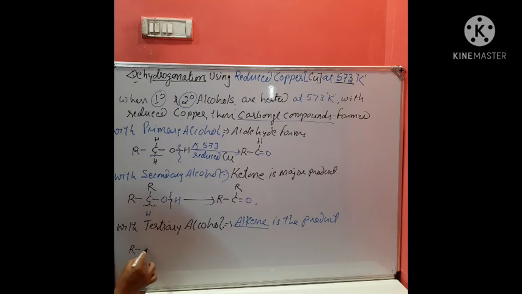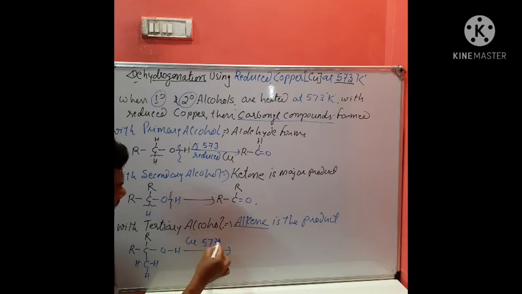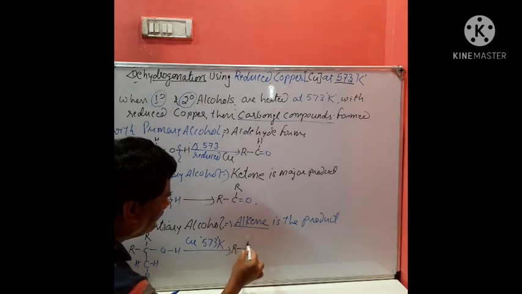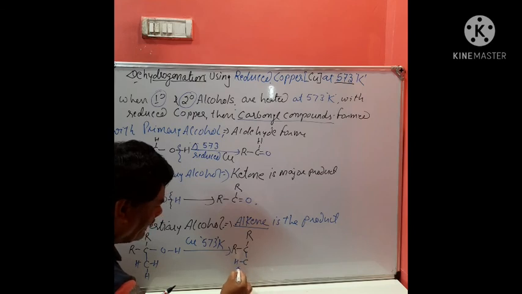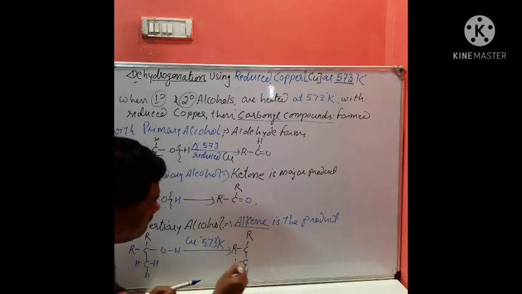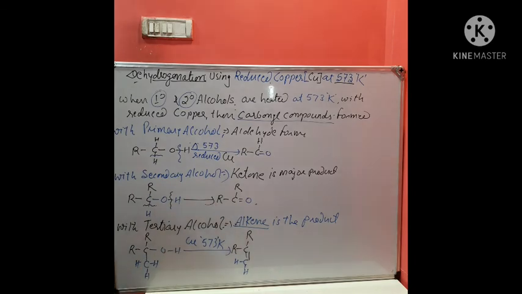Now this is R, this is C, this is R, and now you write CH3, and this is O, and this is H, with copper at 573 Kelvin temperature. Now R, C, R, and this is C, H, H, and now there will be a double bond. Isn't it? So alkene will be the major product.